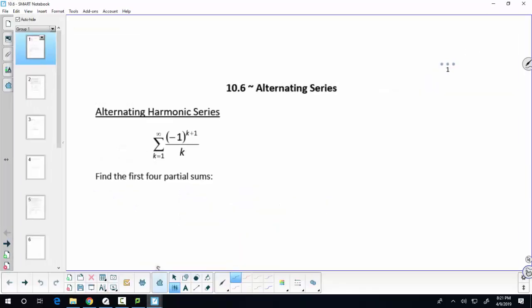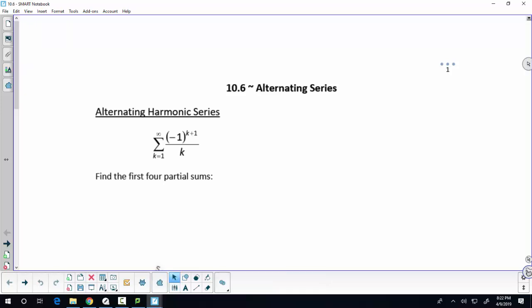All right, like I said, we're deviating from the schedule in the syllabus. Instead of going directly into 10.7, we are going to go in order and talk about 10.6. In 10.6, we're looking at the alternating series test. How do we handle alternating series?